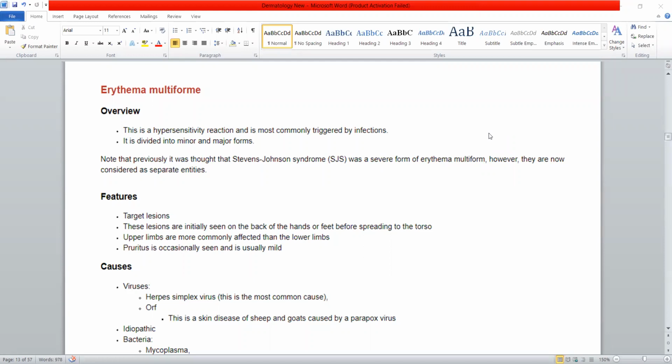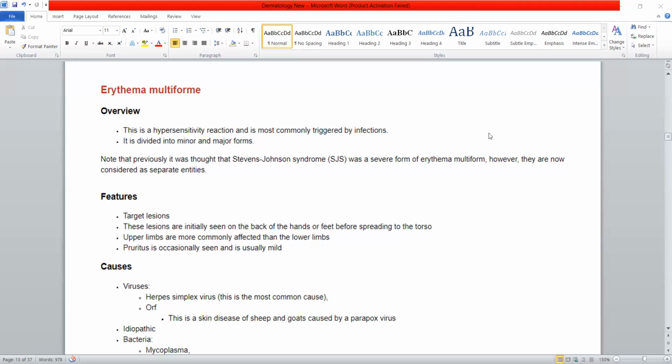Our next topic is erythema multiforme. Again, as I told you, in dermatology, the name is very important.